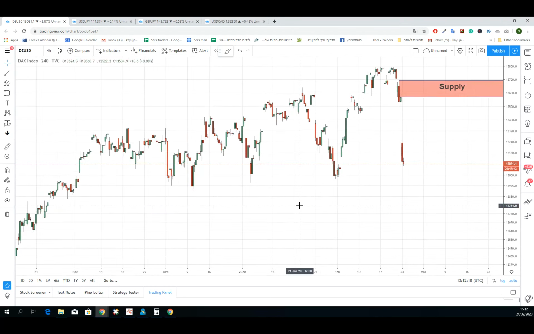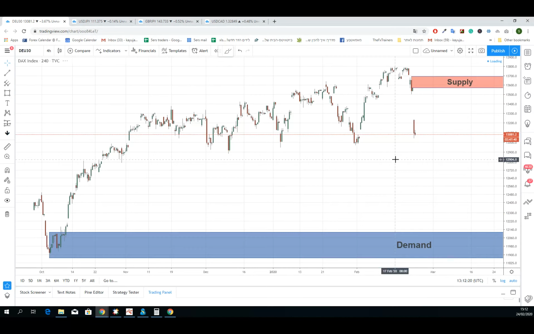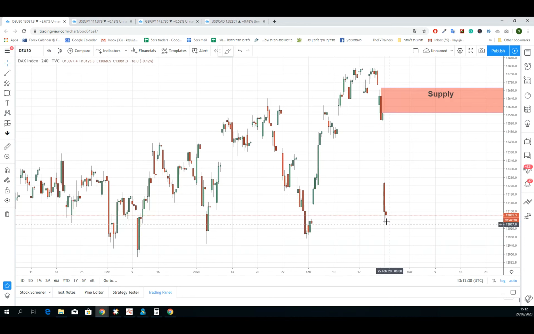It's the German index. The price opened with a huge gap down, and you can understand exactly why the price stopped here. It's because of the previous demand here.